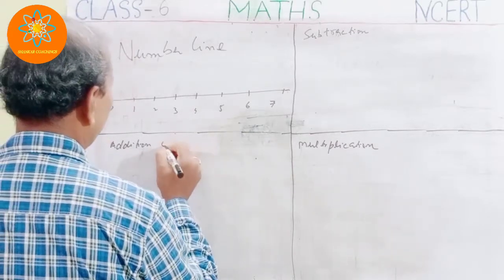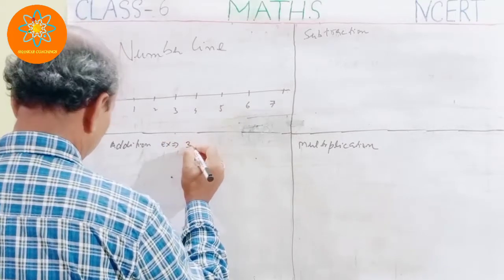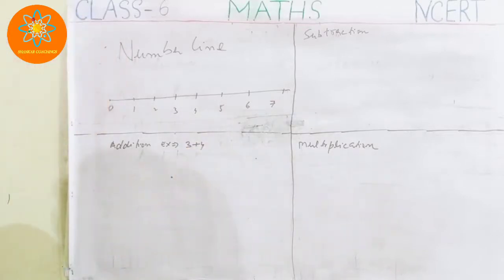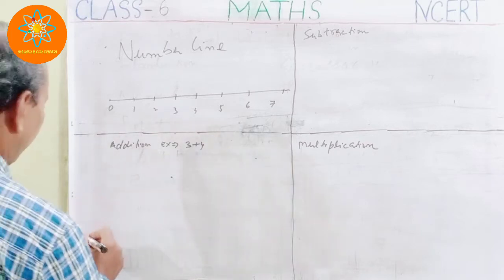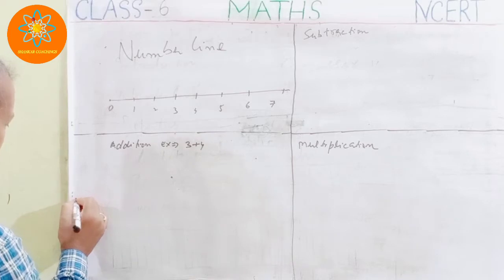I want to take the addition 3 plus 4 with the help of the number line. So first of all, I will draw the number line.